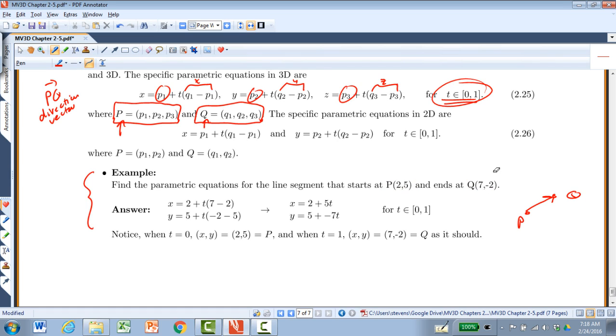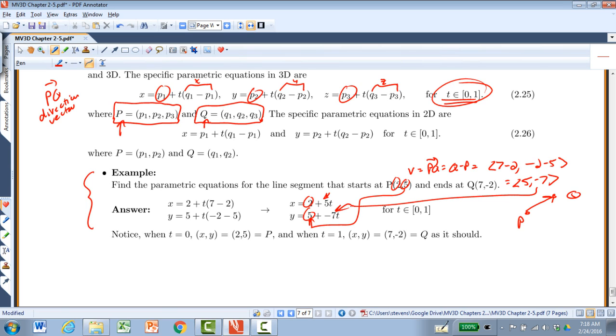My direction vector is PQ, and you want to think Q minus P. So that's just 7 minus 2 and negative 2 minus 5, so it is 5, negative 7. And it has to go through the point 2, 5. So x is 2 plus 5t, y is 5, and negative 7 in the y direction. So it's really easy. And t goes from 0 to 1.